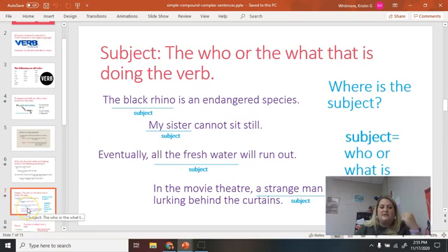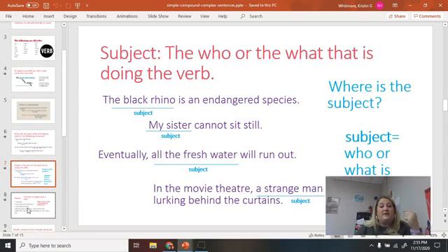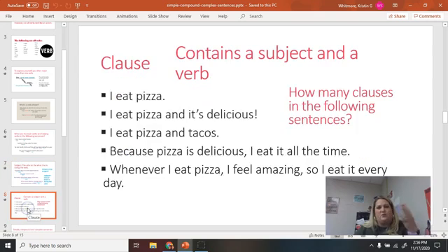So why do subjects and predicates matter? Well, because they're two of the components of a simple sentence. A simple sentence must have a subject and a predicate and express a complete thought. Because anybody can throw a subject and a predicate together, but do they actually say something? Okay, so look here. We have a clause, so a complete thought.